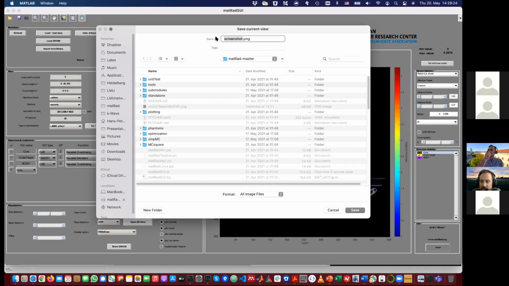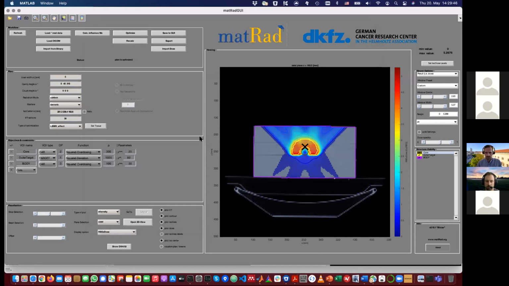Yeah, but I guess it's better to show it then for the biologically optimized plan. But indeed, you're very right. We should save here the RBE weighted dose, and also the physical dose.